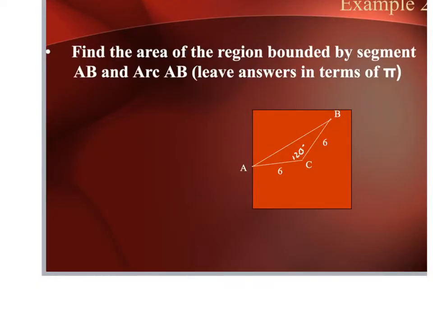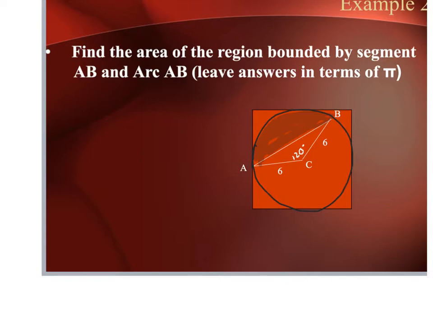So basically what it's asking us to find is, hold on, let's see this. What I'm referring to in this question is this area that's right in here. This is the sector that I want to find. So what we're going to need to do is find the area of the triangle and then subtract it out.